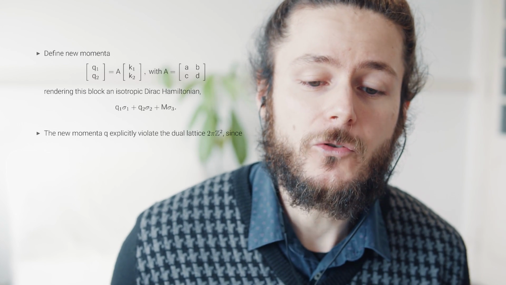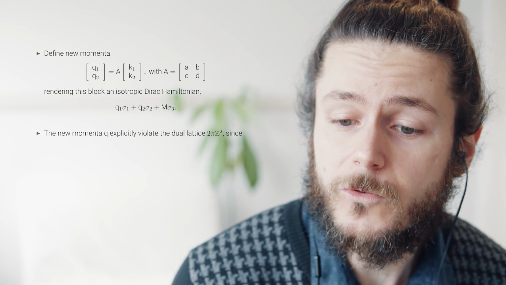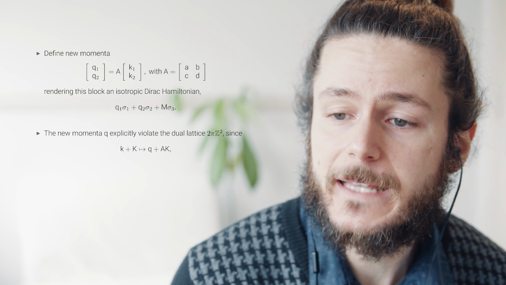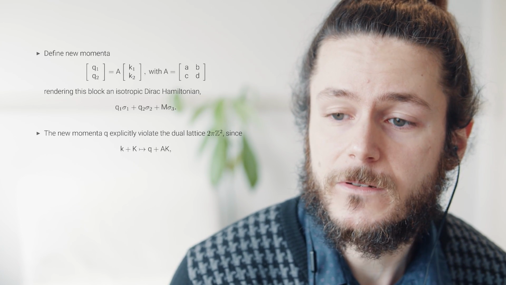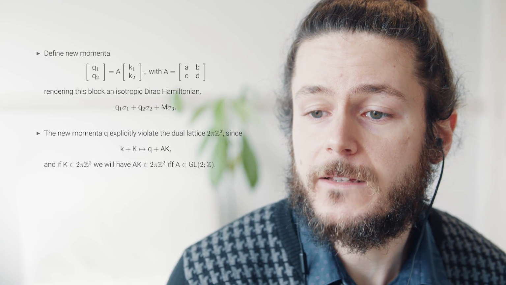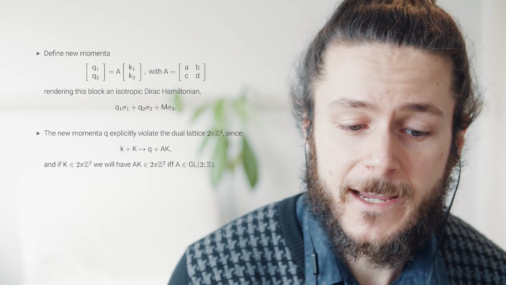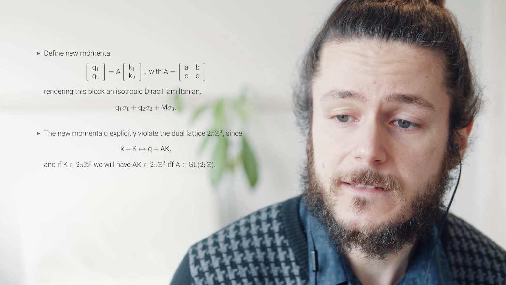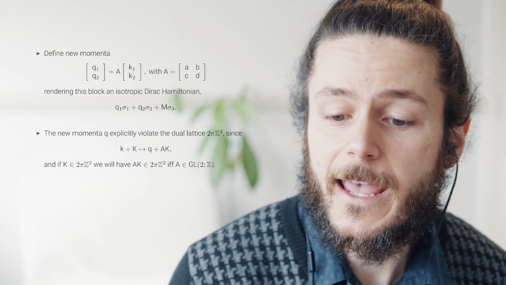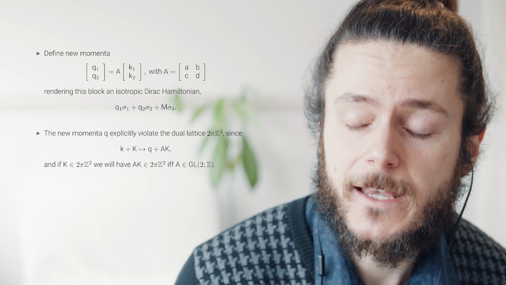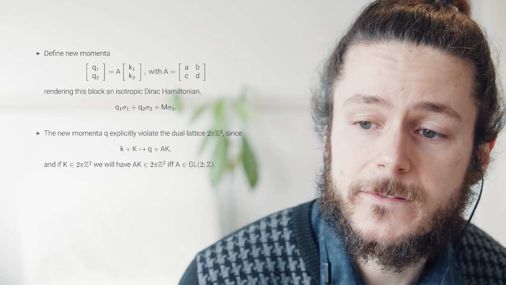The new momenta Q are explicitly violating the dual lattice 2 pi Z2, since if I shift the original momenta by a reciprocal lattice vector, the new momenta will not get shifted by a reciprocal lattice vector unless AK is in the reciprocal lattice, and that means that A has to be in GL2Z, meaning that A has to be an invertible integer valued matrix.